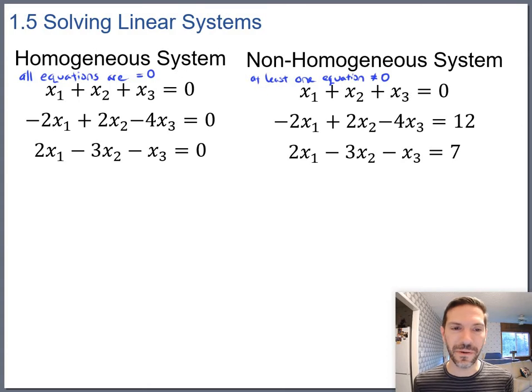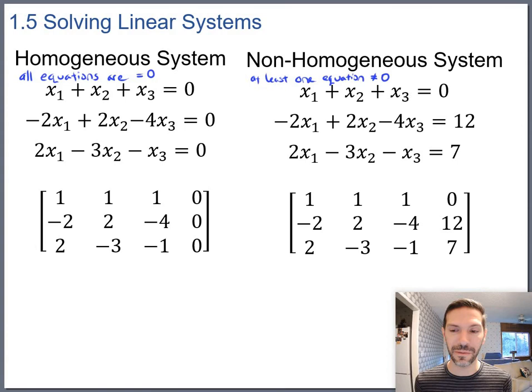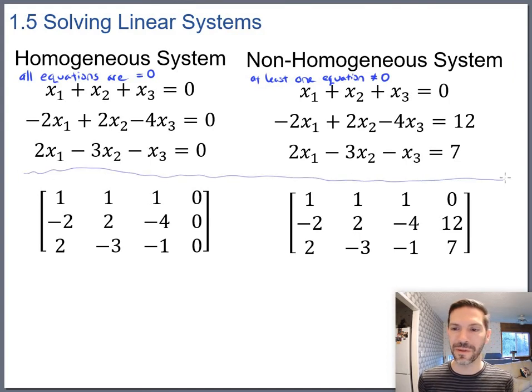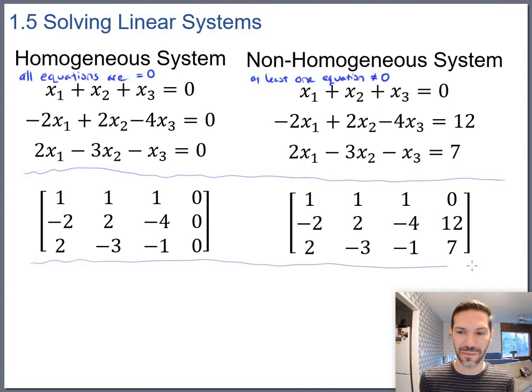Okay, so far aside from a little bit of new vocabulary, we don't really have anything new going on yet. For solving both of these systems, the first thing you would want to do is put them into matrix form. That's just removing the x's and equal signs and translating that into matrix format.